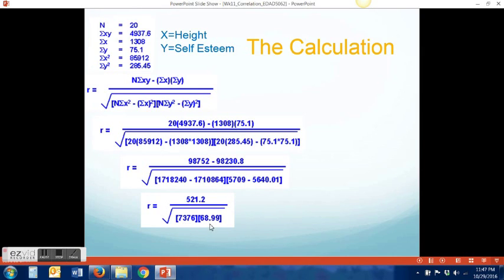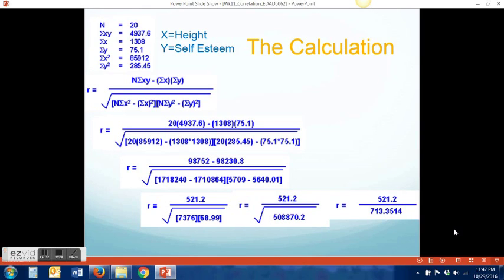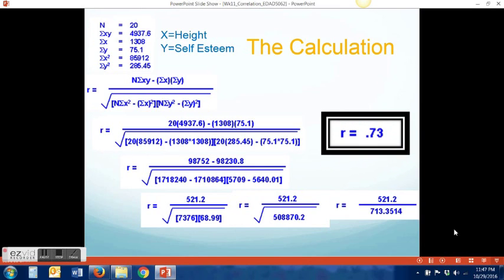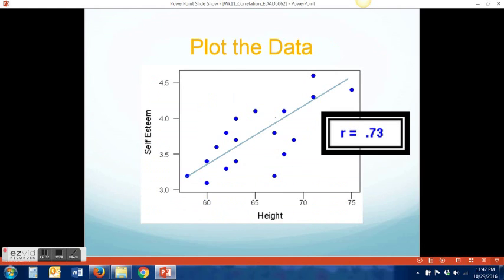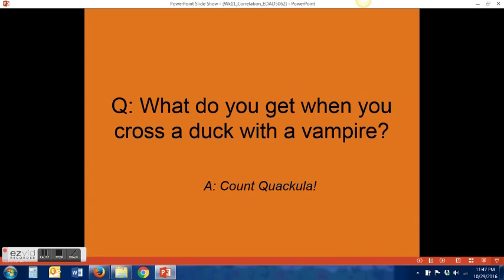We end up with 521.2 divided by the square root of 7376 times 6899, which ultimately solves to 521.2 divided by 713, which gives us a correlation coefficient of 0.73, positive and relatively strong, greater than 0.65, which is our strong benchmark. So let's take a look at the plot.